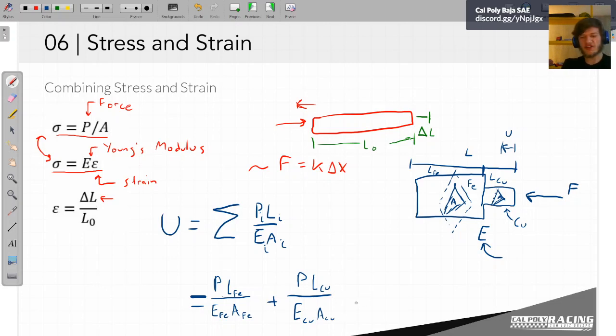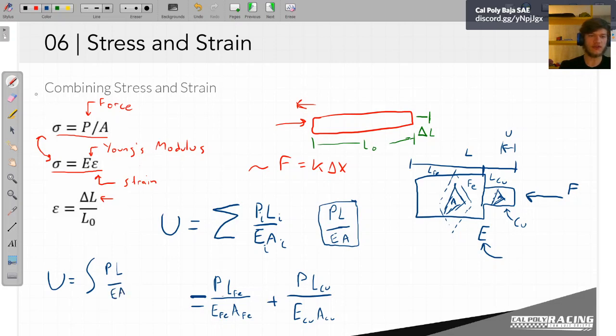And if you think about that, it kind of makes sense, right? If I know that PL over EA is the displacement of one section, then if I have a whole bunch of sections chained together, it makes sense that you just take the sum of all of the little sections. Sometimes you'll see this expressed as an integral, so it'll be U equals the integral of PL over EA.